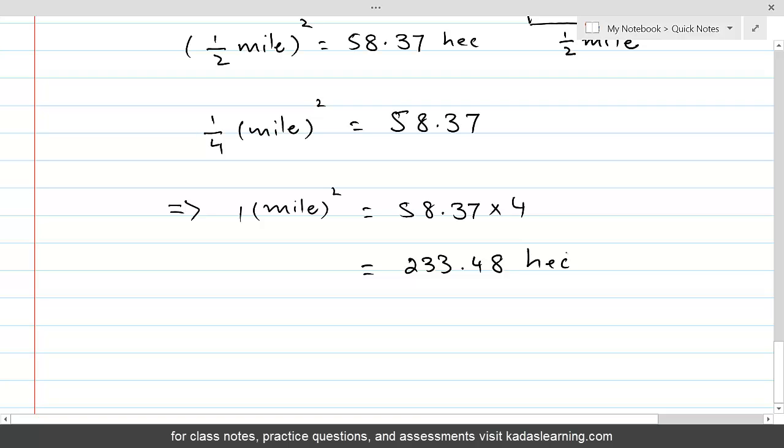So 1 mile square, or in other words, a square whose side length is equal to 1 mile, will represent 233.48 hectares.